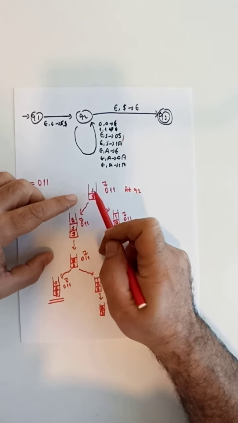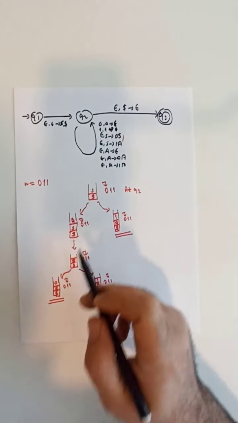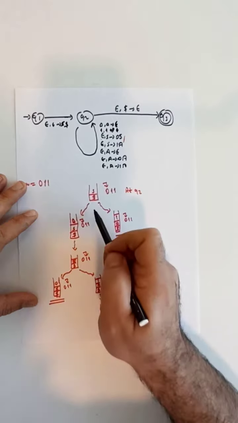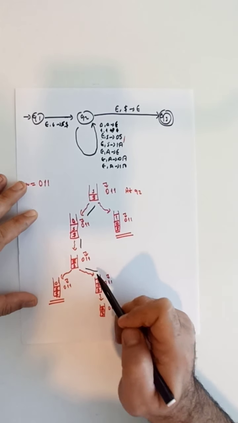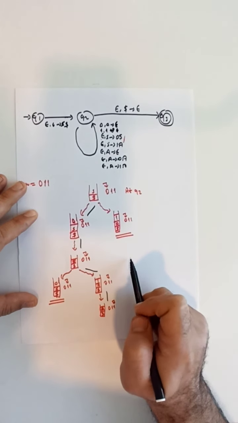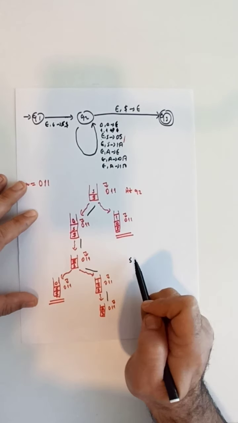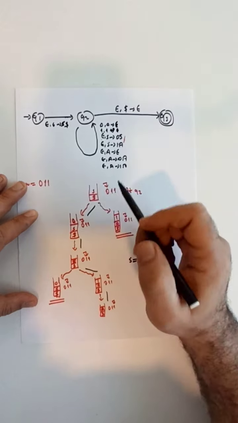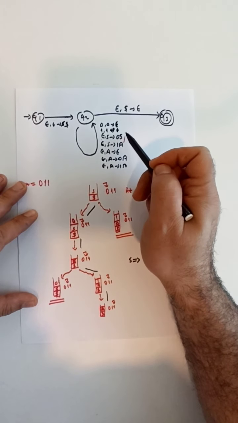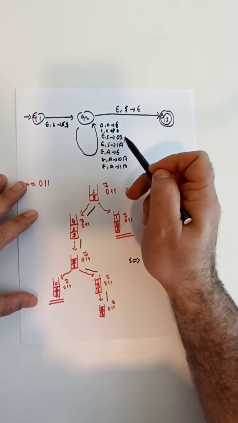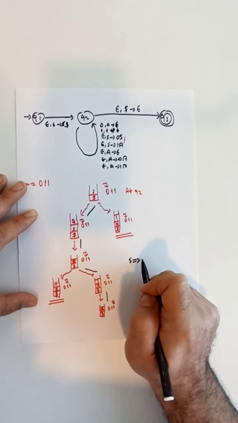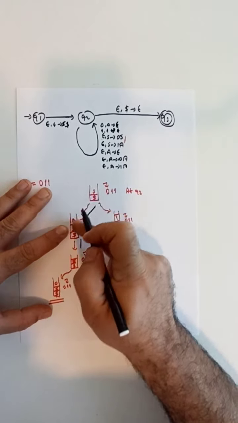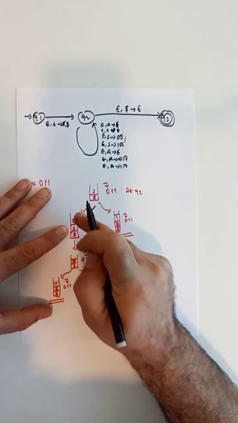Let's try to show the derivation corresponding to this branch of our tree. So far we start with S at the beginning, and then next we expand S with the rule that says you can expand S with 0S. So S is expanded with 0S with this computation branch.